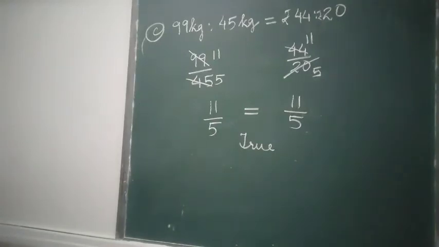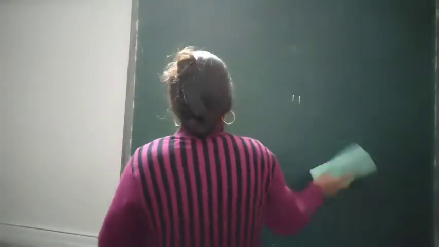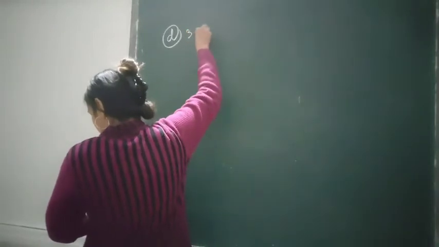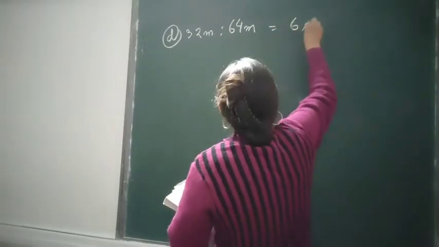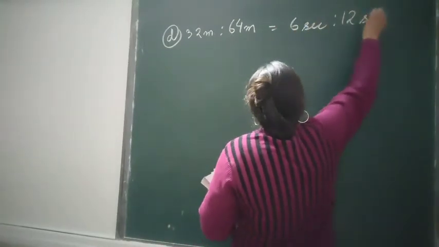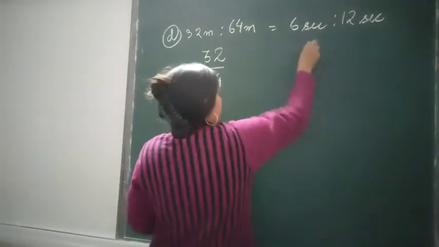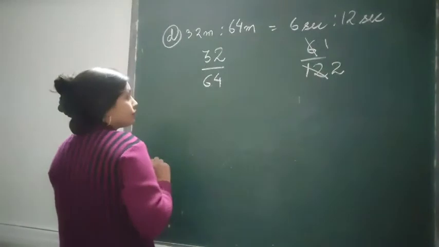Then we move to the D part. 32 meters, 64 meters, 6 seconds, 12 seconds. So this is 32 by 64, 6 by 12. 6 ones are 6, 6 twos are 12.